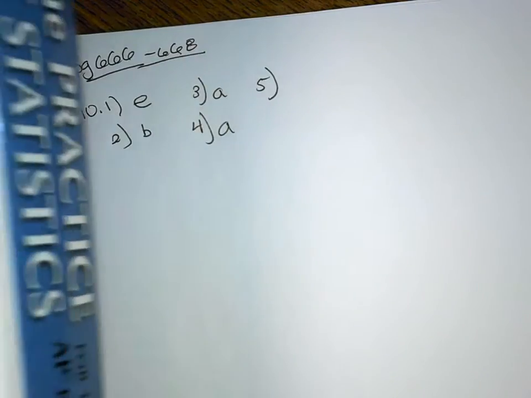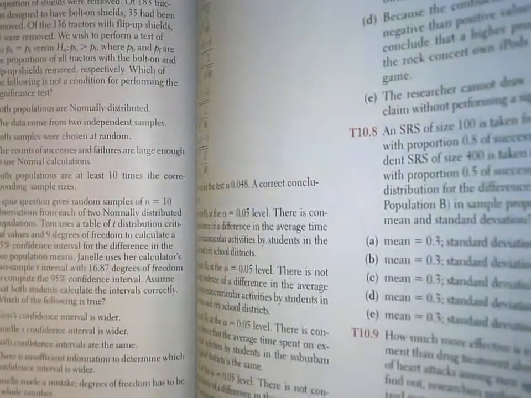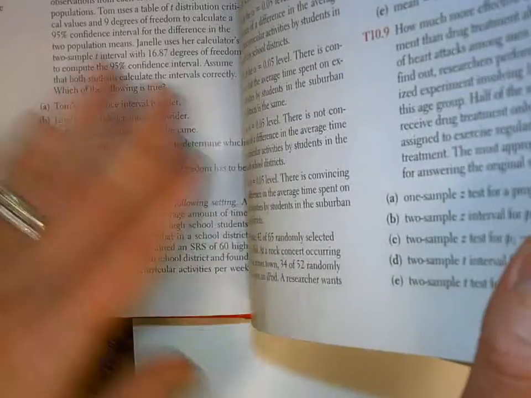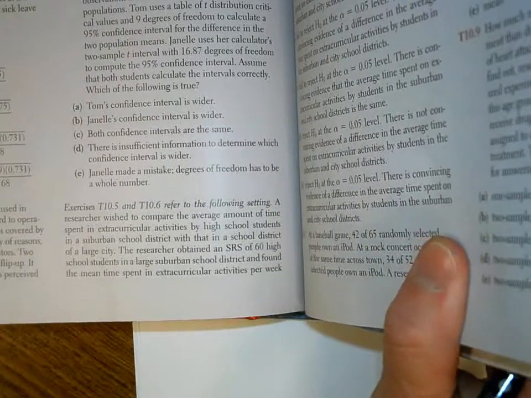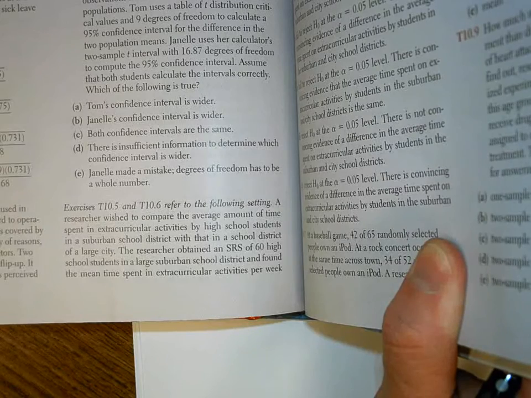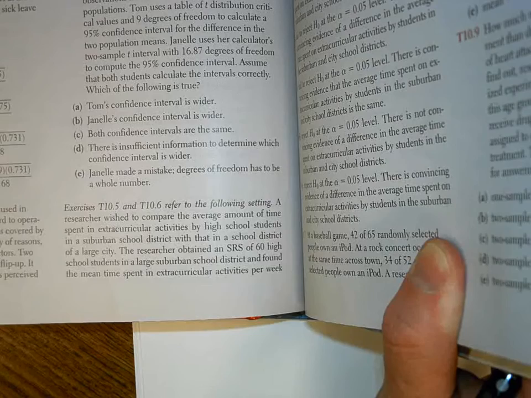And then 5. Whew. We got this whole little thing down here. Refer to the following setting. A researcher wished to compare the average amount of time spent in extracurricular activities by high school students in a suburban school district with that in a school district of a large city.